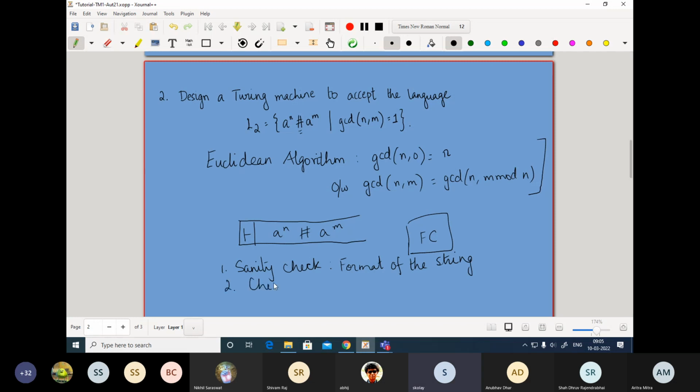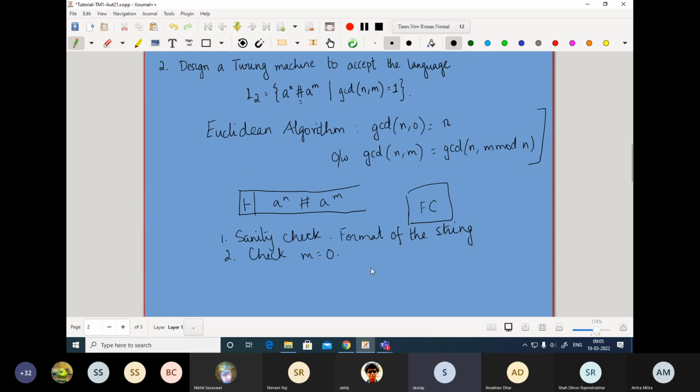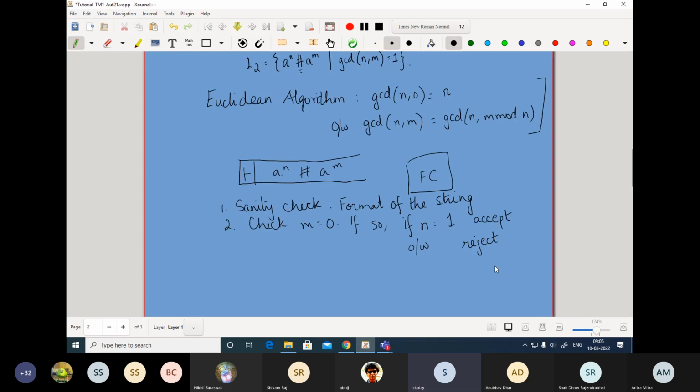Secondly, you check if m is equal to 0, in which case, if n is equal to 1, then accept, otherwise reject. Okay, so now the third step is if m is not equal to 0. So now how will you do this?